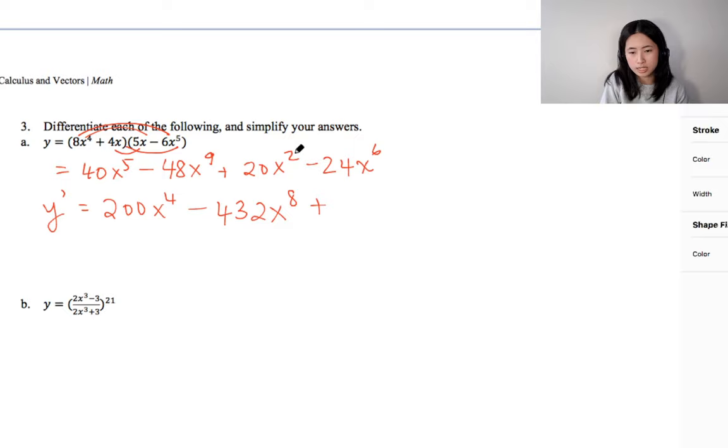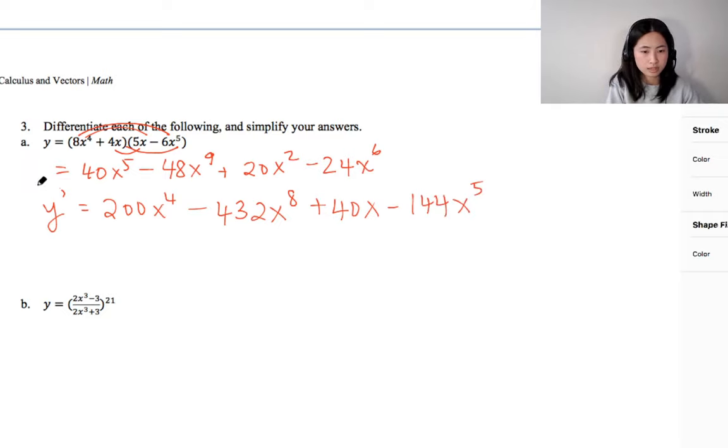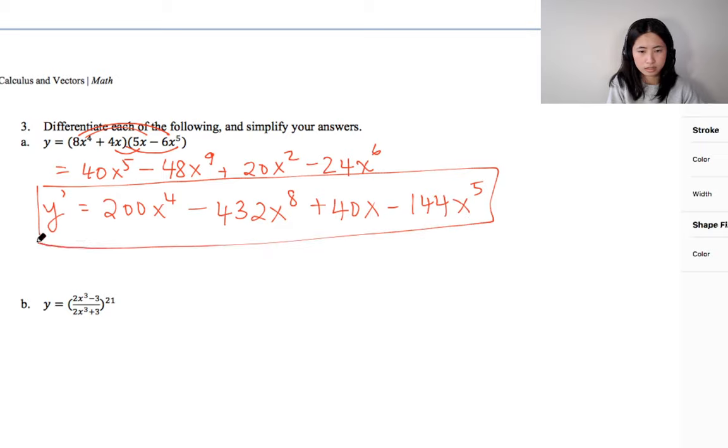And finally, you have negative 24 times 6, so that's equal to negative 144x raised to the power of 5. So that's your first derivative. Okay, so that's simplified, because you don't really have any like terms, and that's it.